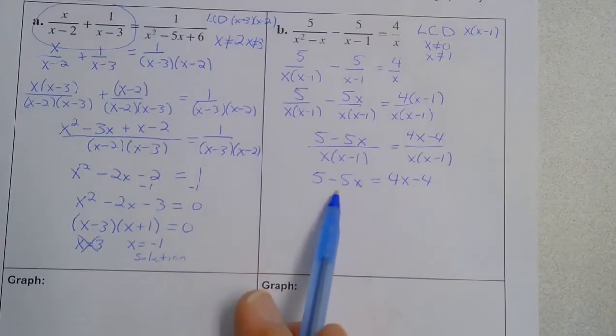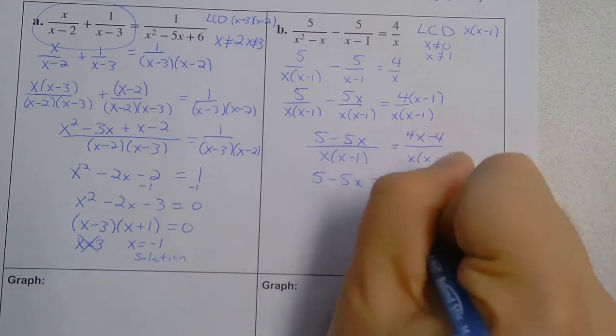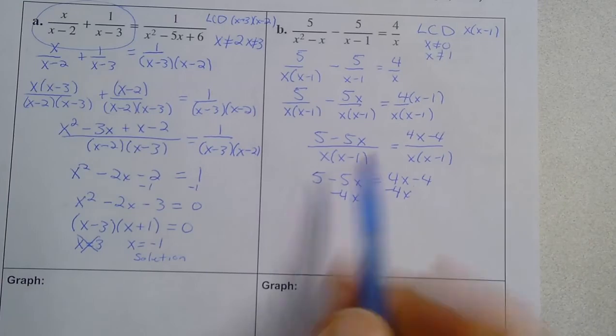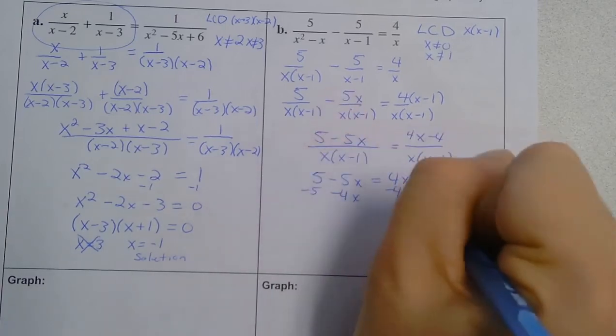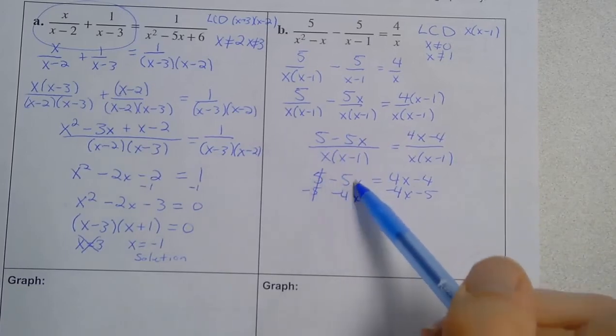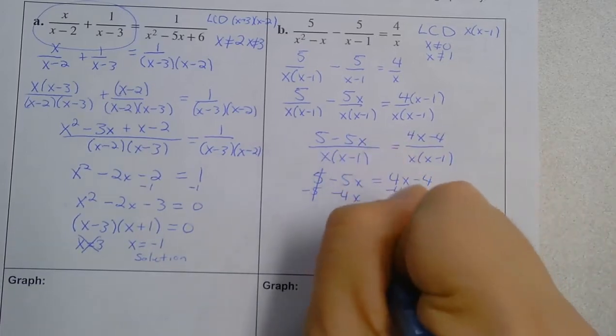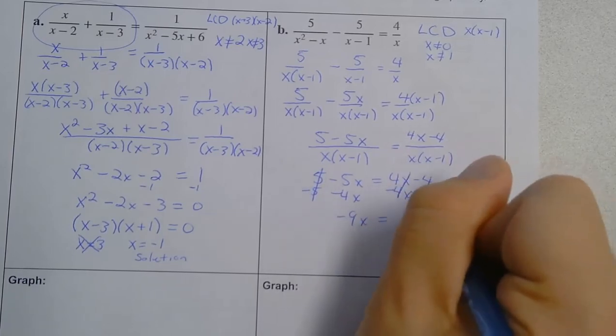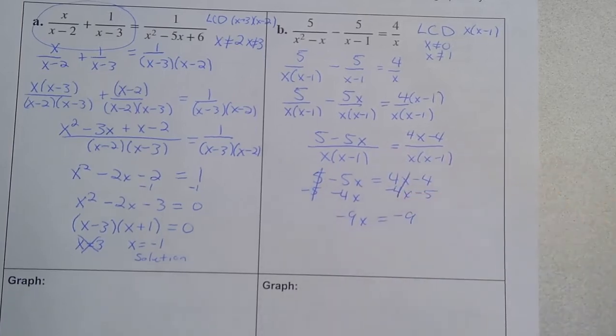And I'm going to solve for x on the left. So I'm going to minus 4x and minus 4x. Also, I'm going to get rid of that 5 by subtracting 5. So 5 minus 5 makes 0. Negative 5x minus 4x is negative 9x. 4x minus 4x is 0. Negative 4 minus 5 is negative 9.